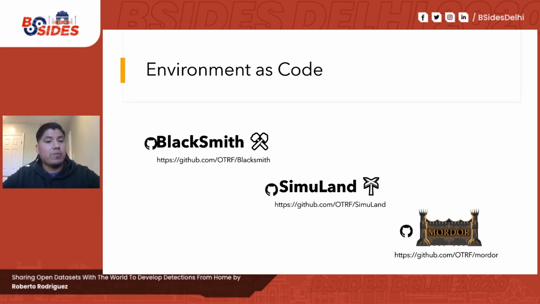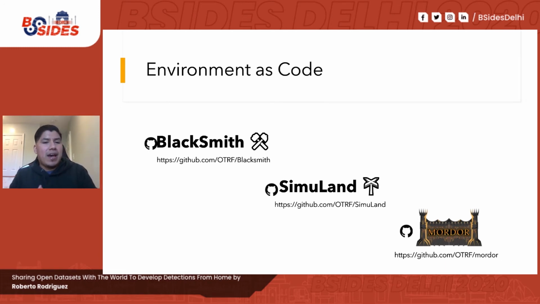Simuland is another project, which creates environments through templates that have a specific purpose. So think about, for example, the emulation plan, right? I have an emulation plan for APT29, for example, but the plan usually is commands, a couple of commands, a couple of payloads that you can use.